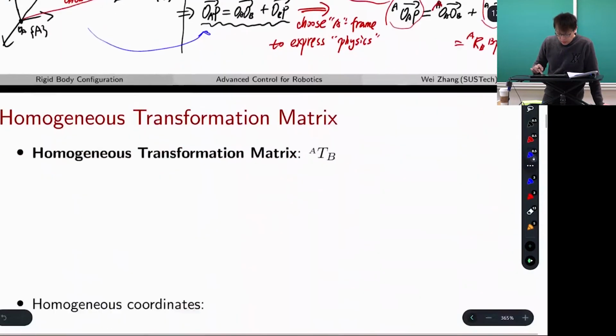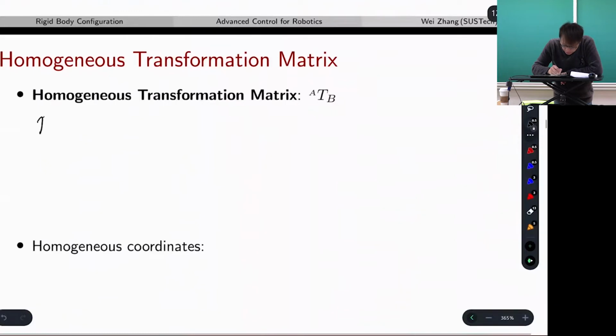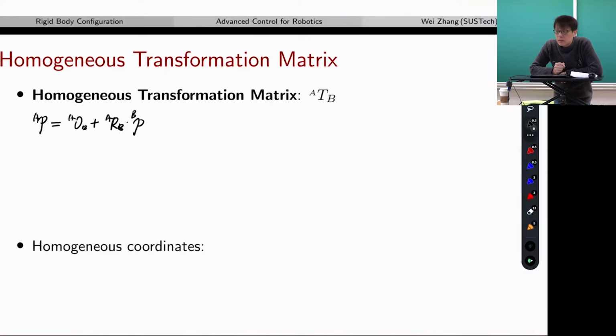All right. Now let's do a little bit more. We have seen the relation about the point, let's say PA equals OBA plus RBA times P of B. We derived why this is the case. You should be able to derive everything that you see. Before you may just have memorized this, but now you need to know exactly what's going on.